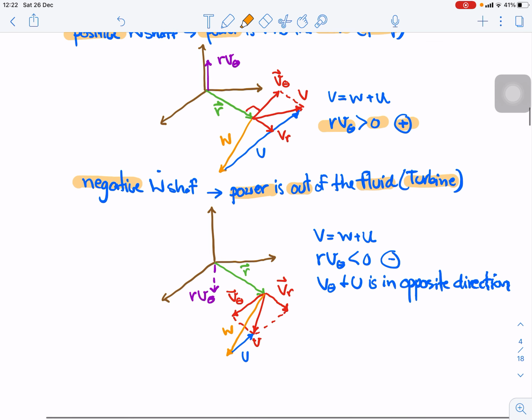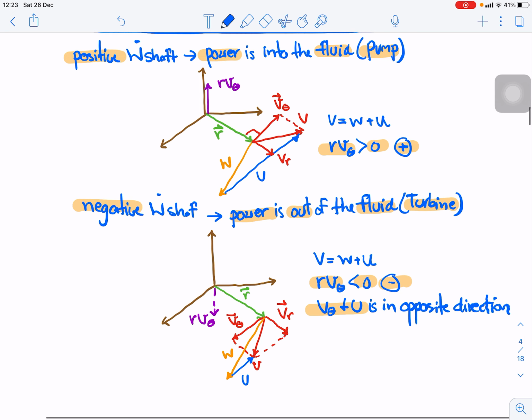In this case, v theta is less than 0, or negative, because v and u are in the opposite direction. But in this case, we expect that v theta and u are in the same direction.